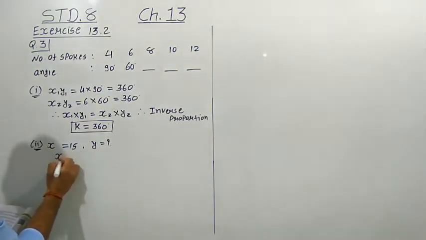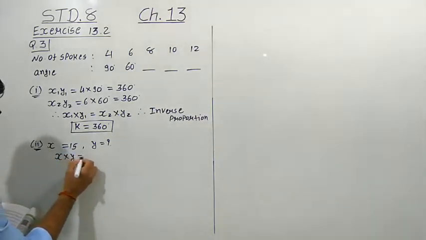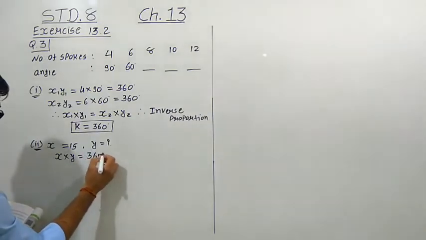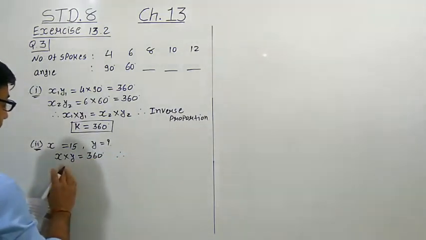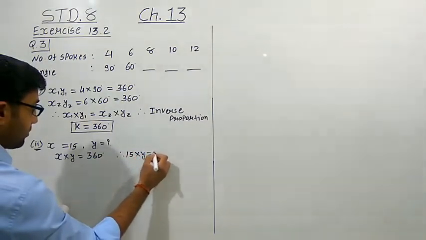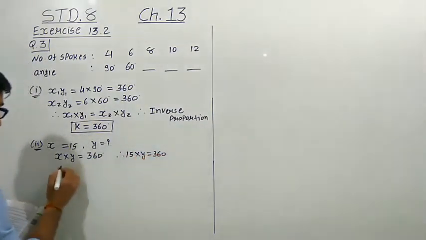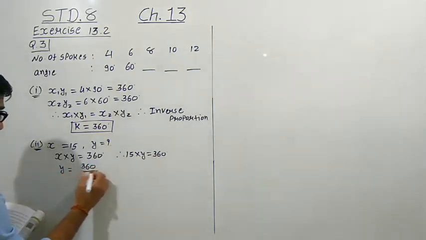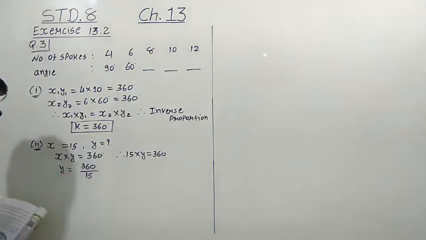So here we can apply this formula, x into y is equal to K, and K is 360 degree. Therefore, x is 15, 15 into y is equal to 360 degree. So what is the value of y we get? Y is equal to 360 upon 15.